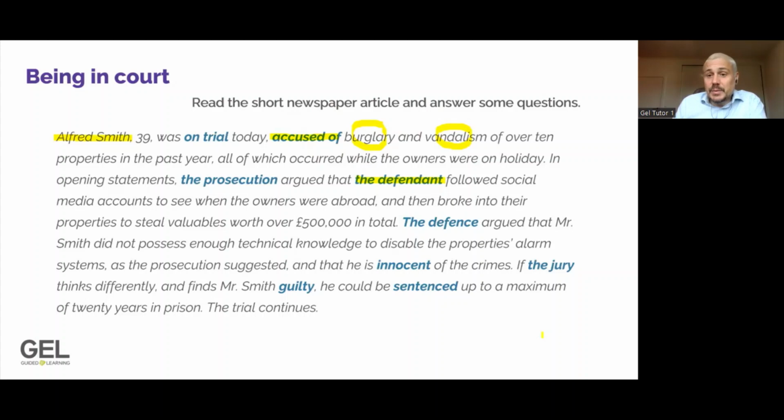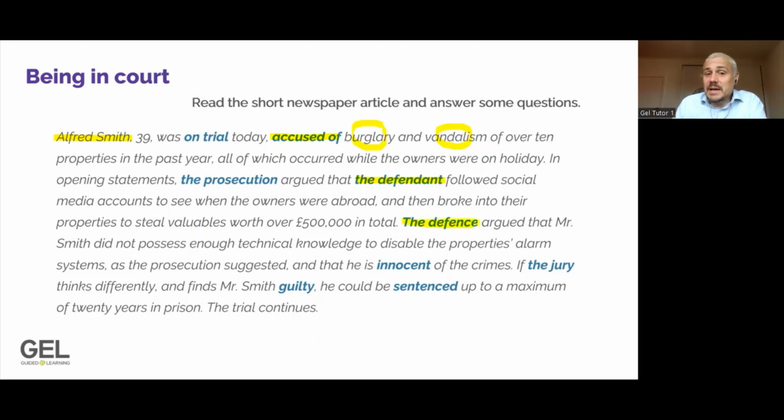Look at the next question below the video. Who is arguing the case for Alfred Smith, the defendant? Who is arguing the case for Alfred? Type your answer now. The defense are arguing for Alfred.